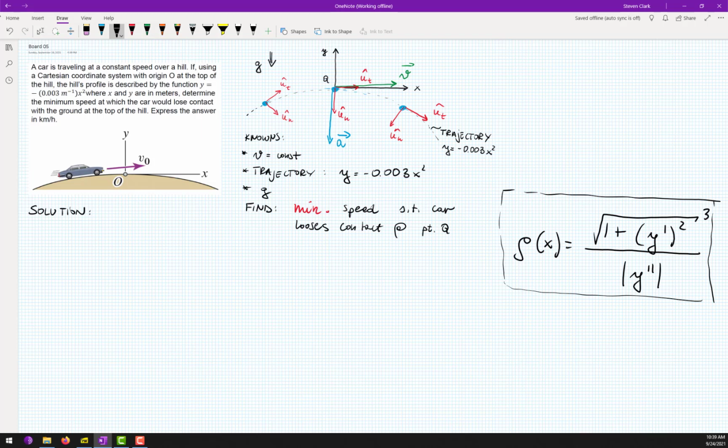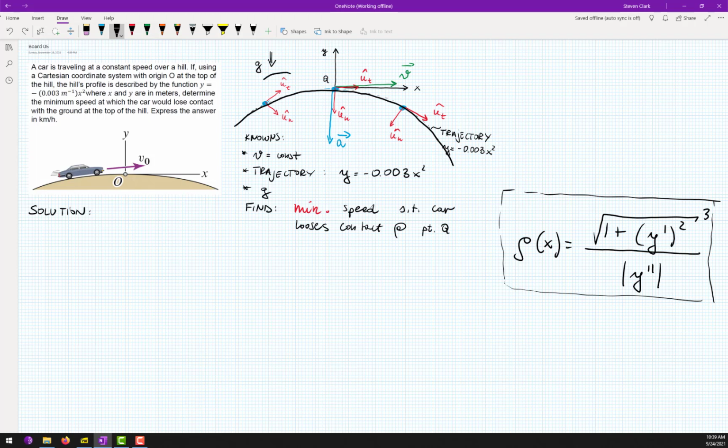Okay, guys, so what do we have here? Please familiarize yourself with the problem statement, but we did it before the discussion. We have our car traveling along this trajectory, along the hill. This is our trajectory, and we have the expression for our hill: y is equal to minus 0.003 x squared.